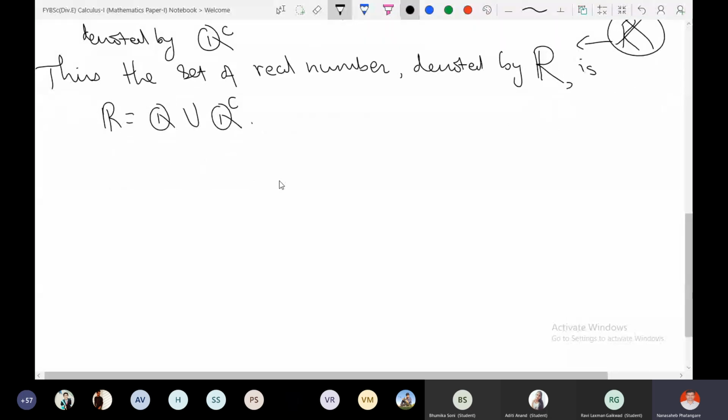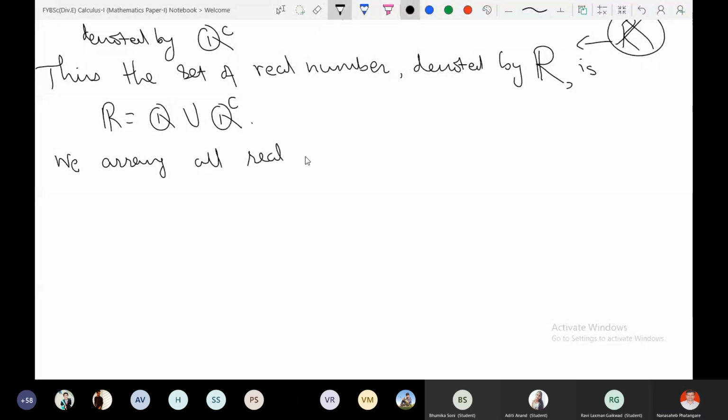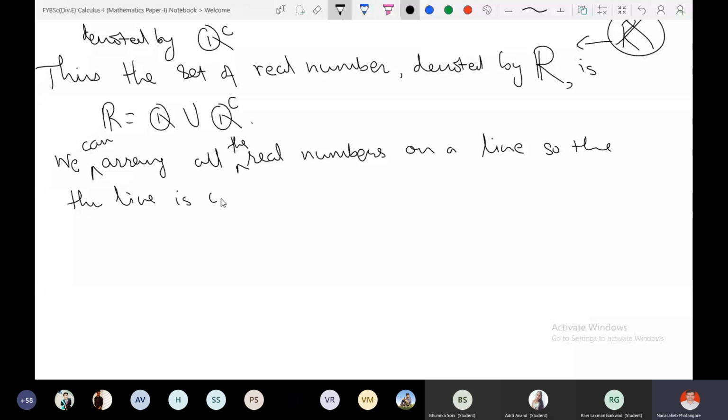And then we arrange all the real numbers on a line so that the line is completely filled.